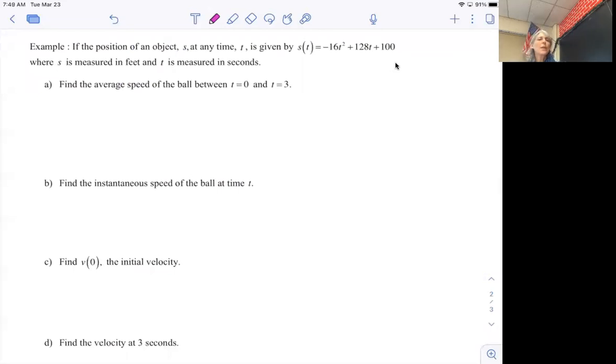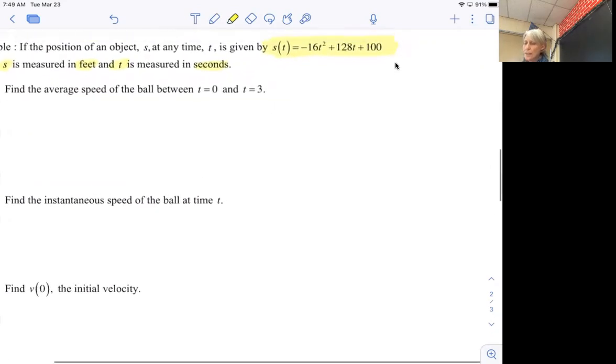physics type of problem. The position of an object, S, at any time t is given by S of t equals negative 16t squared plus 128t plus 100. S is measured in feet, t is measured in seconds. Before we begin, let's visualize, let's think of what this picture looks like.